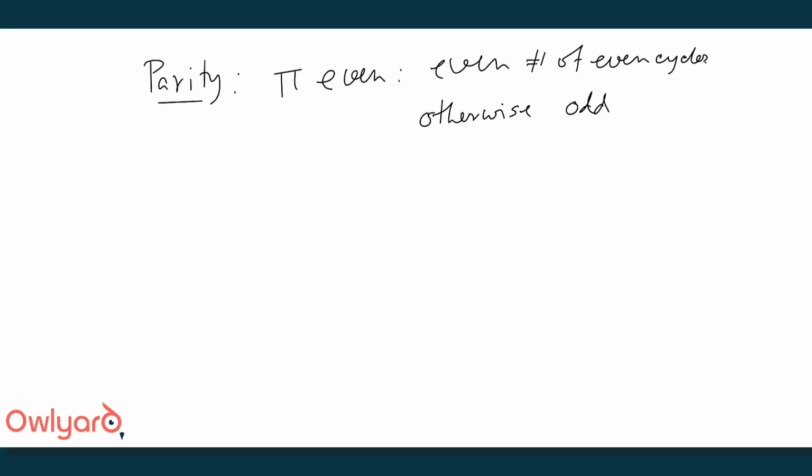Good. Now, a very important thing next is a specific permutation called a transposition. A transposition is just a two cycle. So it's a cycle whose length is 2.